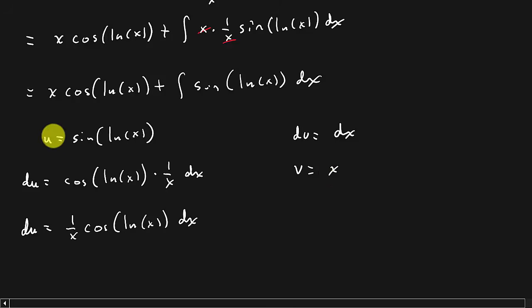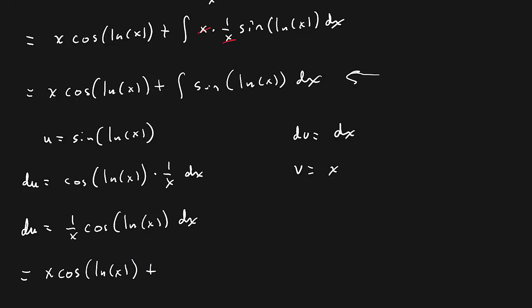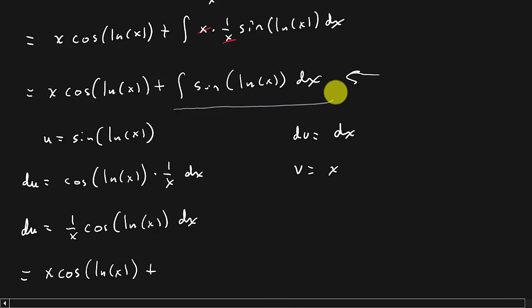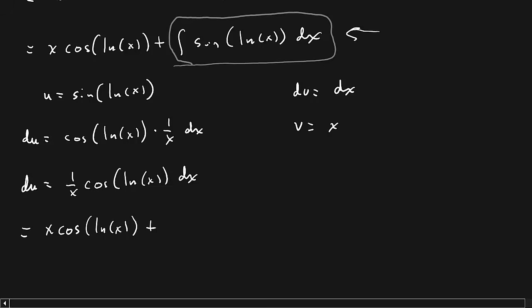So continuing on from here, this is going to be x cosine natural log x plus this. Now remember, we did parts on that, so that's u times v, so x times sine natural log x minus the integral of v times du.